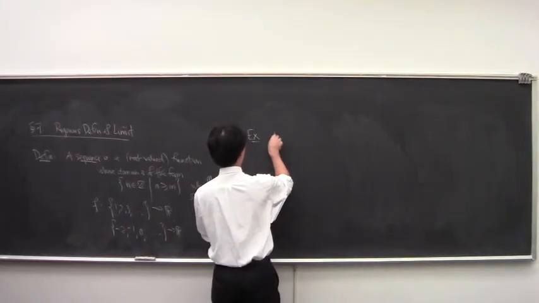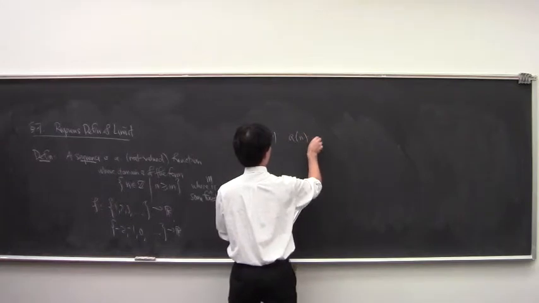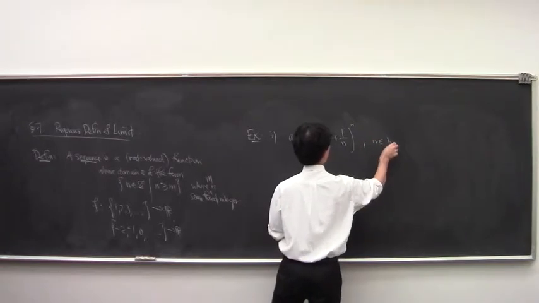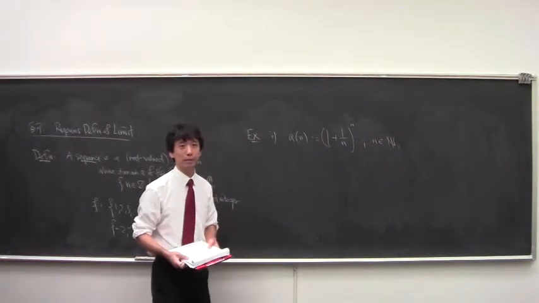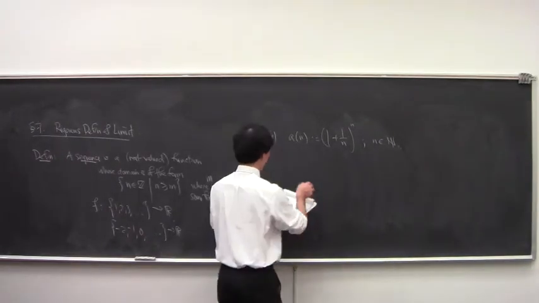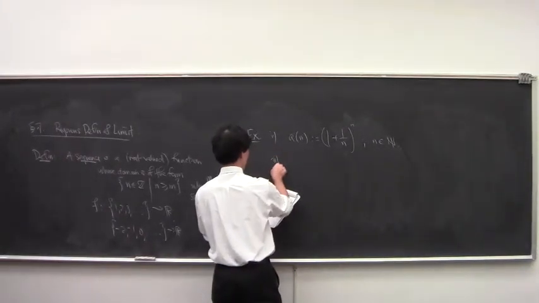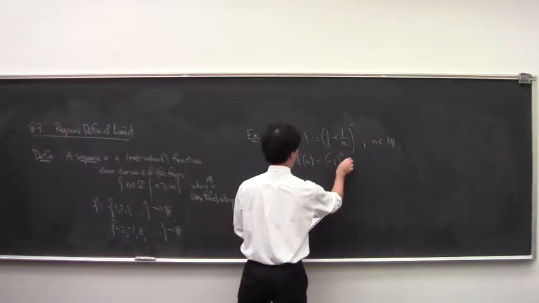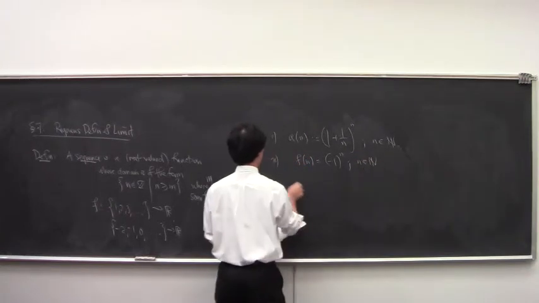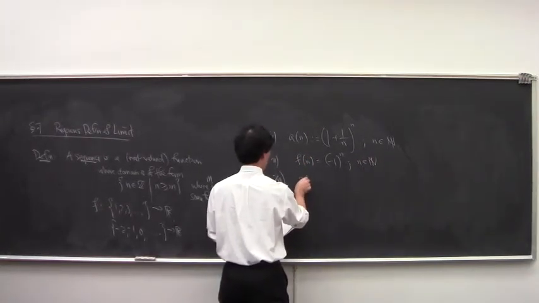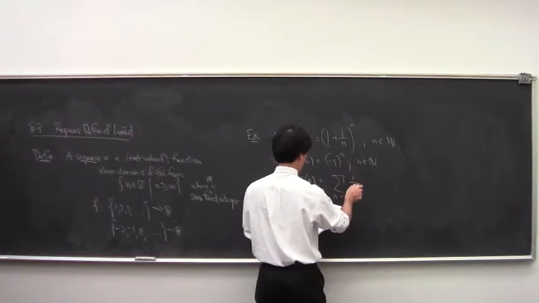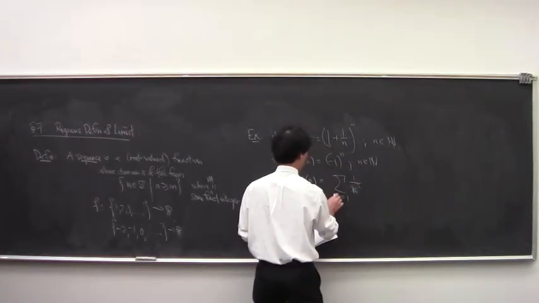So for example, a of n defined as (1 plus 1 over n) to the n, where n lies in the natural numbers. So here's a sequence. Here's another sequence: f of n is (-1) to the n. Here's another: s of n is the sum of 1 over k squared from k equals 1 to n.